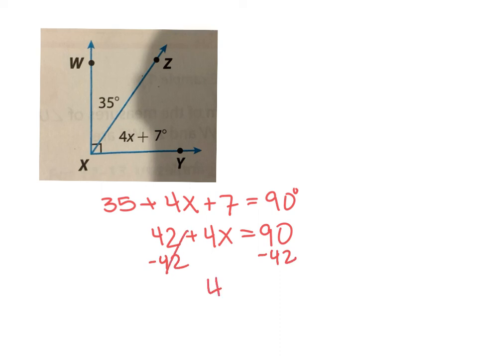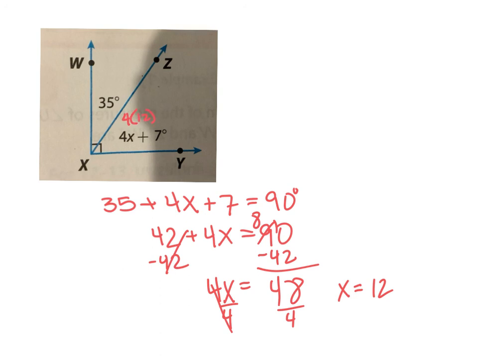That is going to give me 4x equals 48. x is being multiplied by 4. Inverse of that is divide by 4, both sides of the equation. That gives me x equals 12.